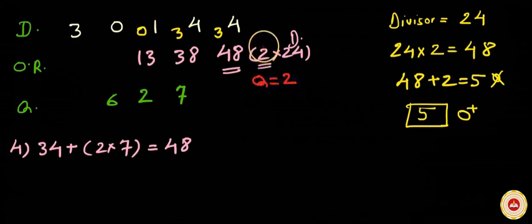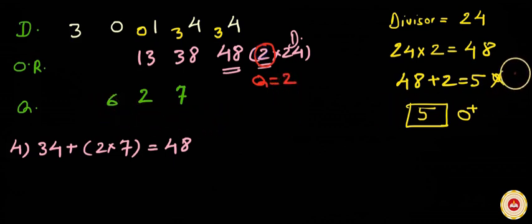Quotient is 2 in the last osculation result. 48 is last osculation result and we got quotient 2 in it. Why? Because last osculation result is 2 multiple of given divisor 24. That means quotient is 2 here.